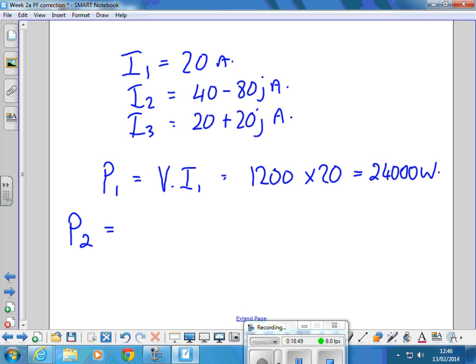P2 is V times I2. That's 1200 multiplied by 40 minus 80J.